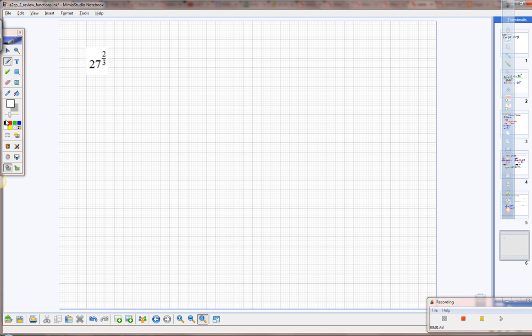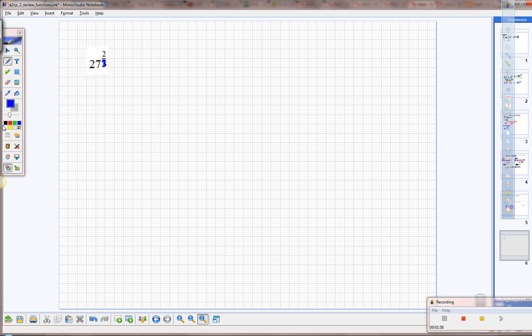First, though, I would like you to think about this in a different way. What this fractional exponent means is that we're going to be taking a root. And the 3 in the denominator tells us exactly what root we're going to be taking. We're going to be taking a cubed root.